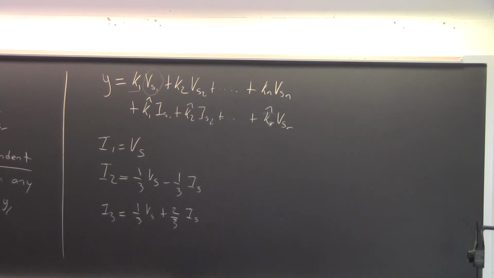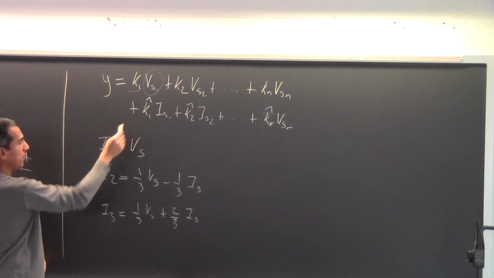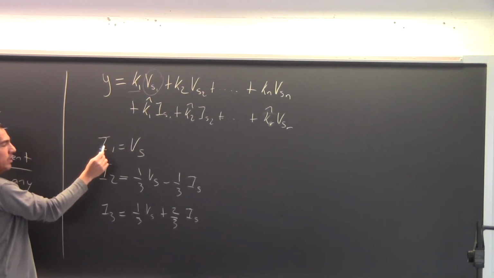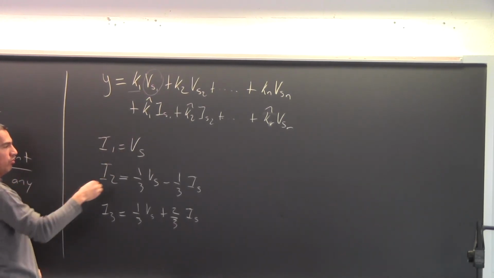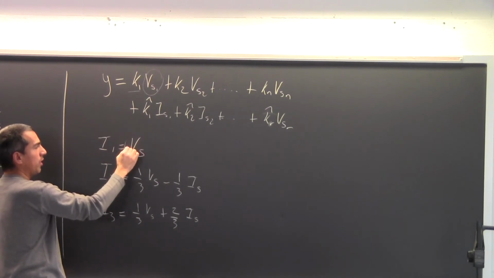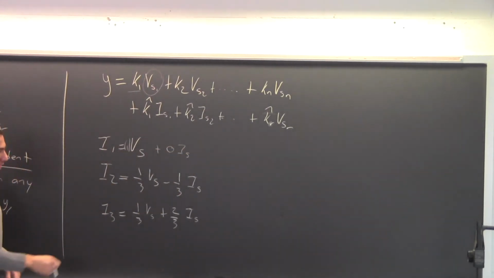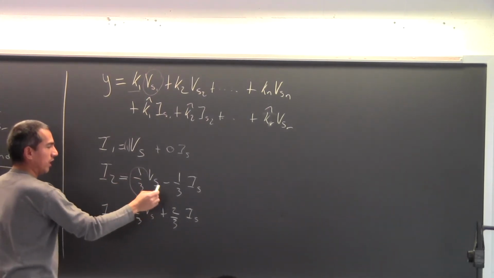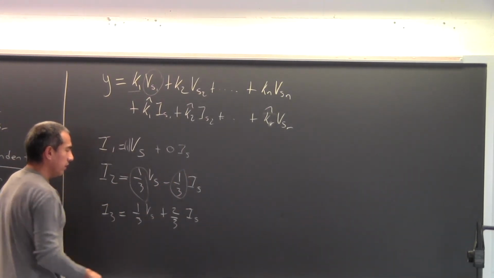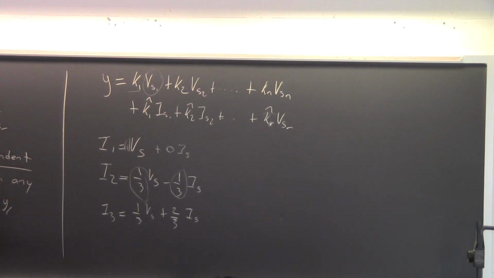There are only two sources in that circuit, which means the current there is going to be a linear combination of two sources. This one is basically 1 times Vs plus 0 times Is, and this one is some constant times Vs and another constant times Is, and the same thing for the other. So anything that you want in that circuit, voltage or current, is going to be of that form: some constant times Vs, some constant times Is. So all we have to figure out are those constants.